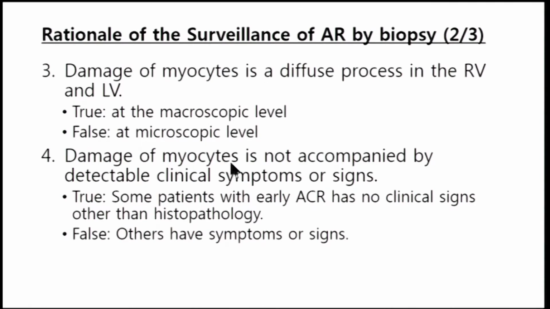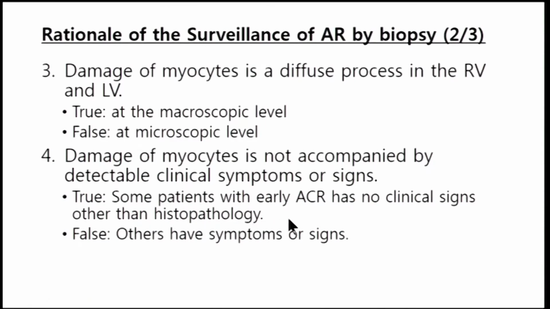And damage to myocyte is not accompanied by detectable clinical symptoms or signs. I mean that if there is a good clinically correlatable symptom and sign rather than biopsy, that would be much better. But still, we think that biopsy pathology is the earliest way we can detect rejection. Yes, it is true. Some patients with early acute cellular rejection have no clinical signs other than histopathology.